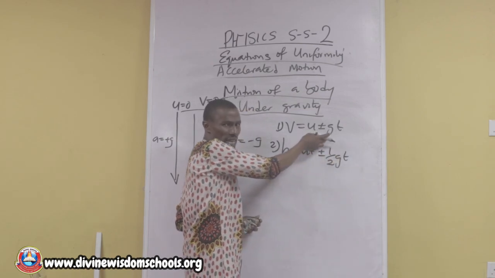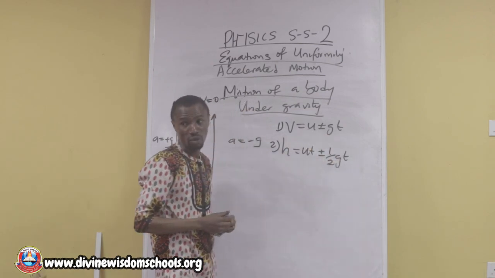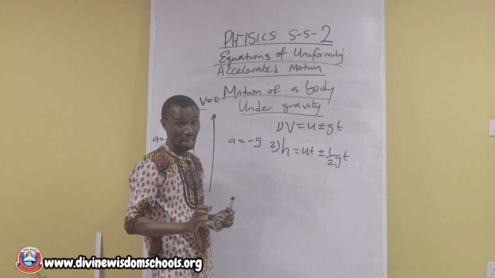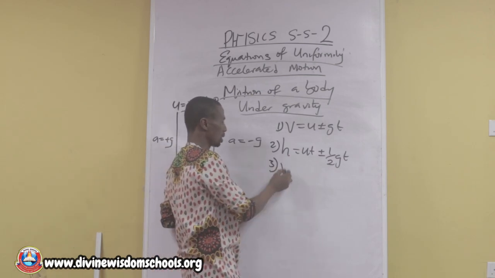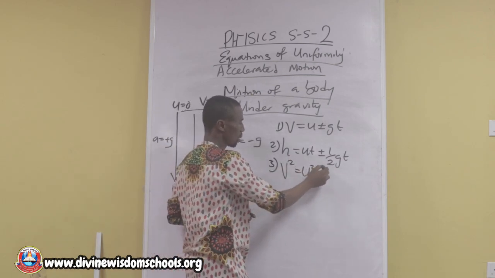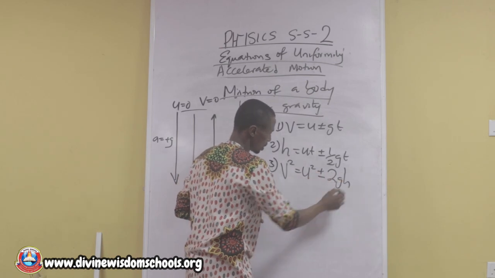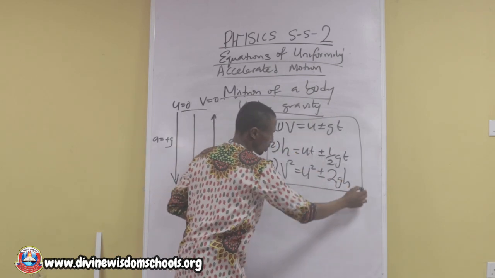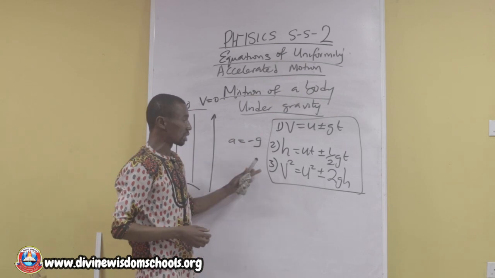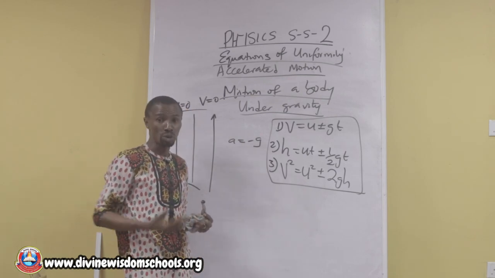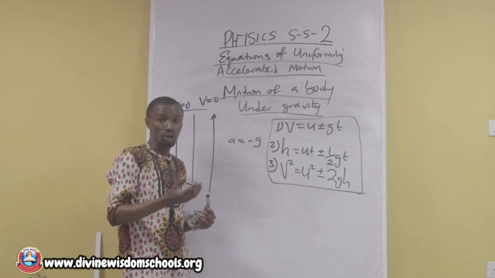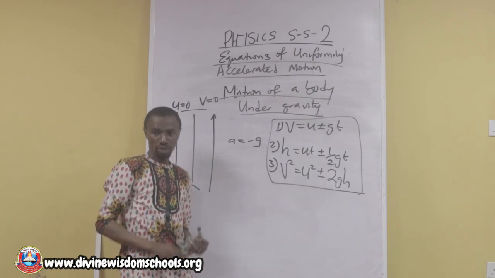We're no longer using a here; we're using g because it involves motion under what? Gravity. While the third one is v squared equals u squared plus or minus 2gh. So these are the three equations that can be used to determine the motion of an object which moves either vertically upward or vertically downward.